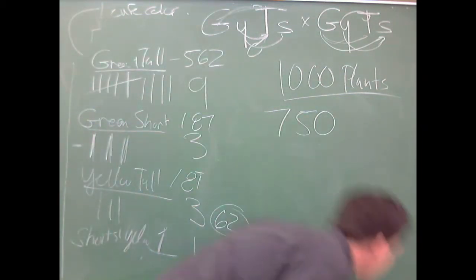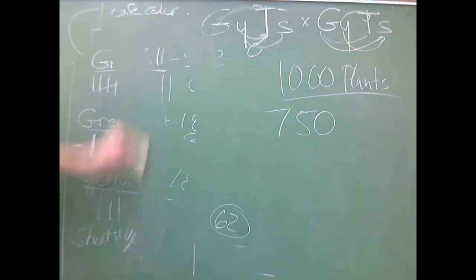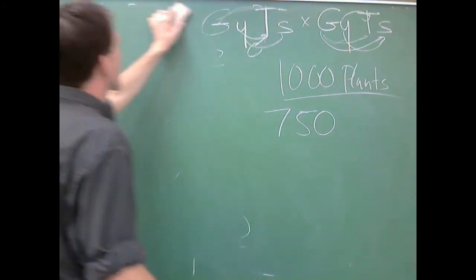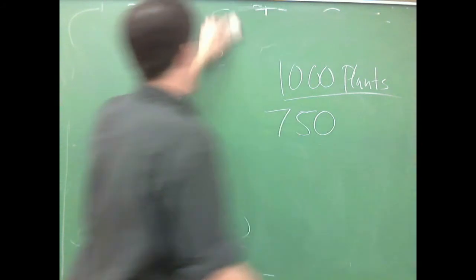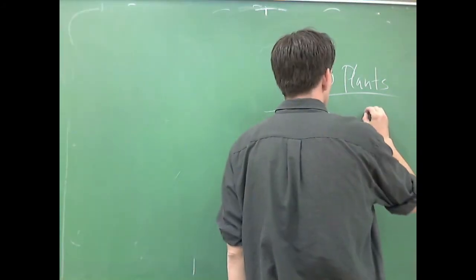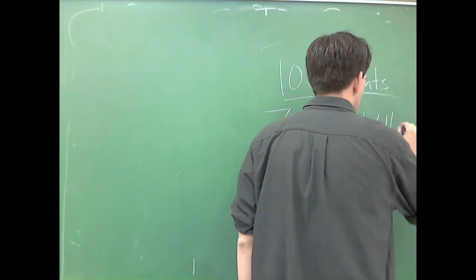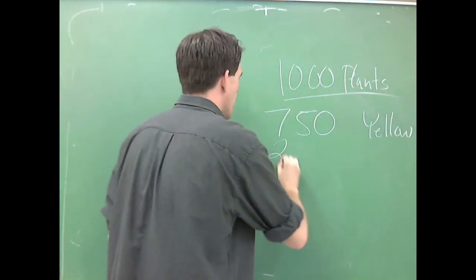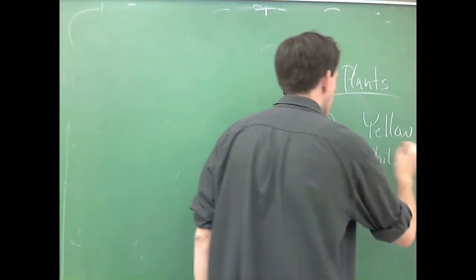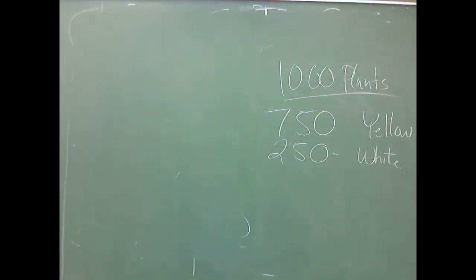Let's say you have 1,000 plants. And 750 of these plants are yellow. 250 of these plants are white. Based on that, what phenotypic ratio do you have?